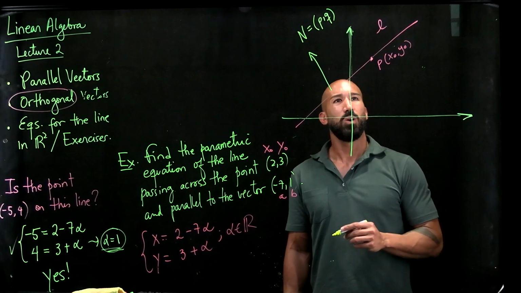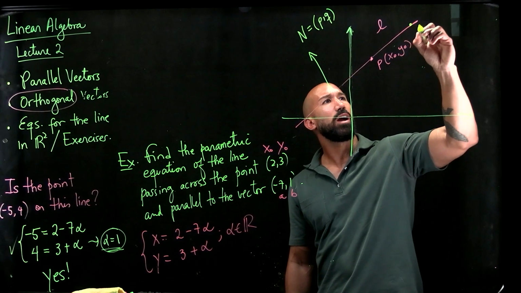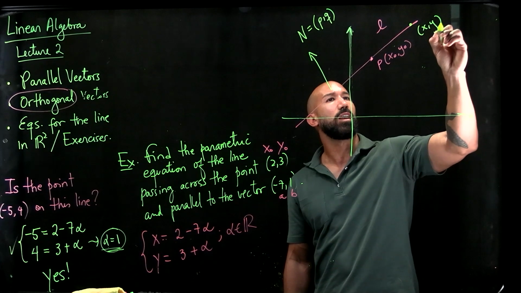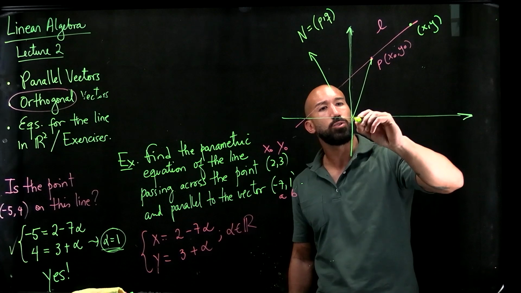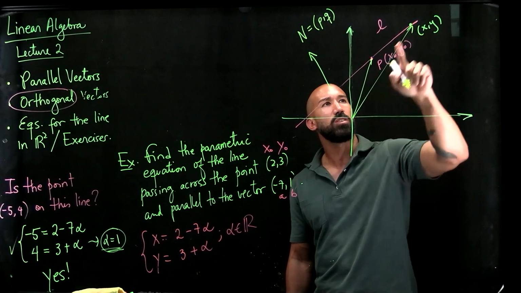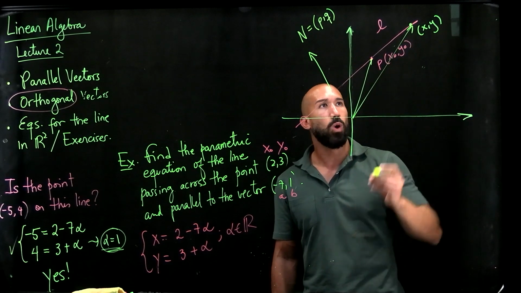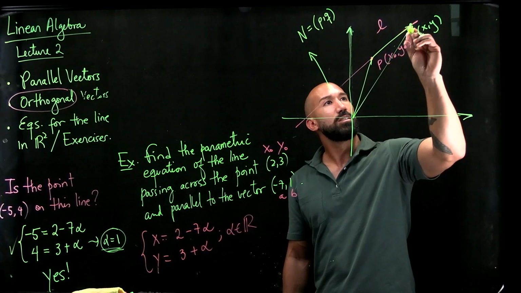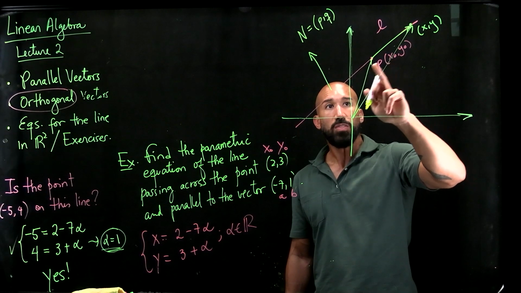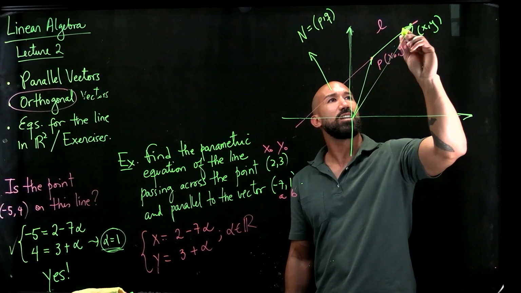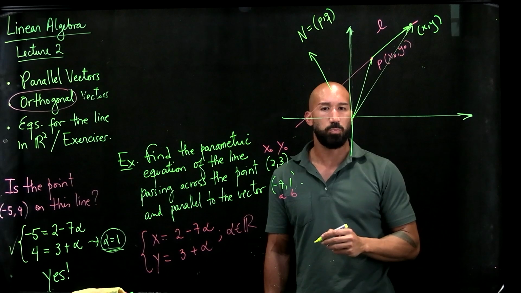Is that okay? What is going to happen now when we have a point xy on the line? Well, we already know that if we consider this vector connecting the origin to P, and this vector connecting the origin to the point xy, this vector minus this one is going to give us a vector that is parallel to the line.